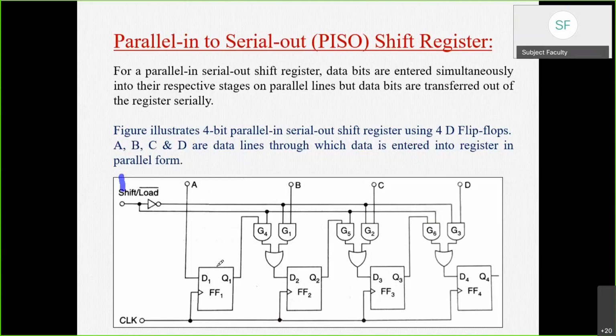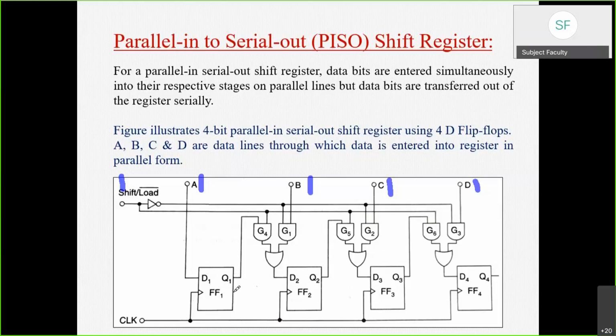So this circuit has two functions. One is shifting and second is saving. Whatever inputs you are giving at these data pins, the first function is that this circuit should save them first of all. That means the data at these pins should appear at the outputs of these flip-flops. So storing is the first function, and the second function is that it should transmit serially.